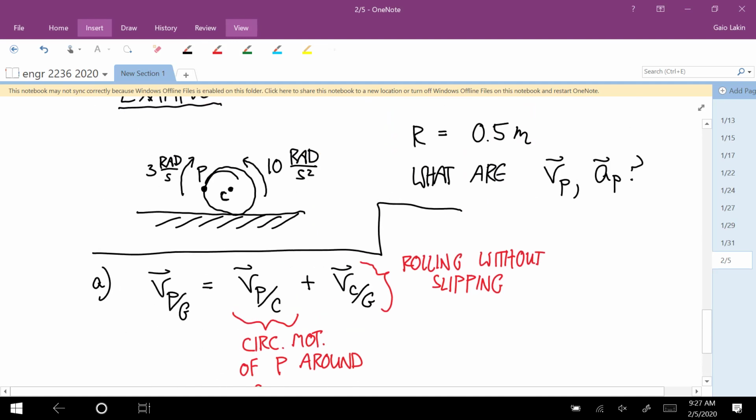What's that omega value? Oh, so you have to be careful with the sign. Think of the right-hand rule. Negative.